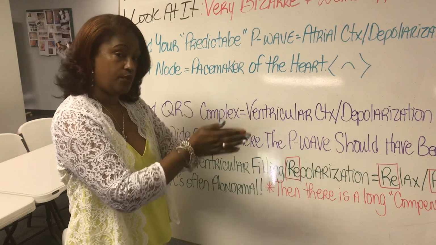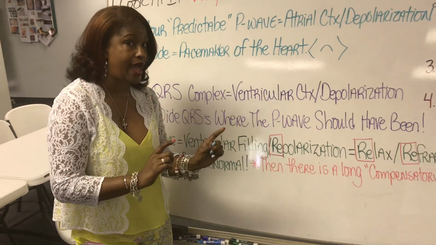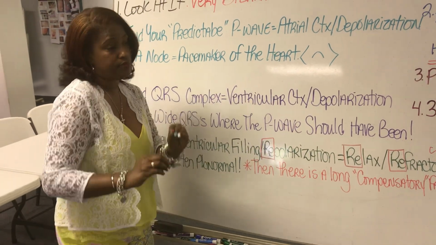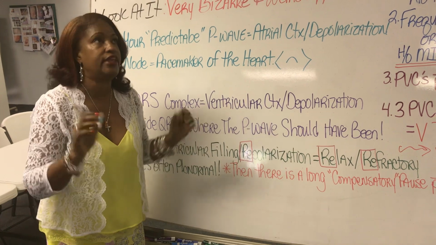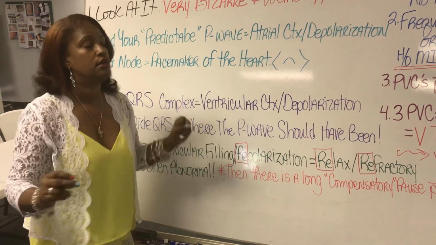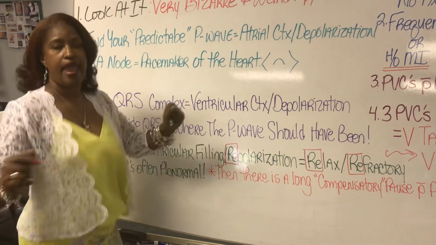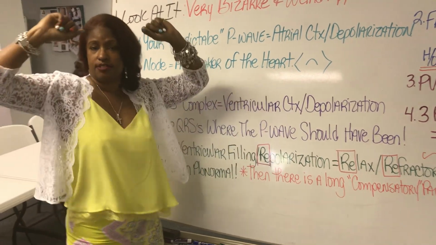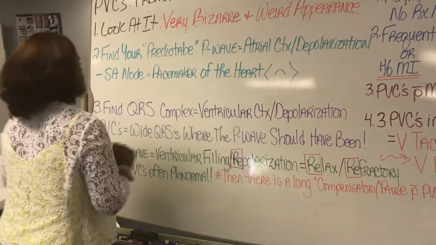You'll see the P wave, and immediately next door to that, a QRS, and then a little bitty pause and a T wave. That's the way it's supposed to go. The alphabet: P, QRS, T. See, I get wrapped up, so y'all just have to stay focused, okay?